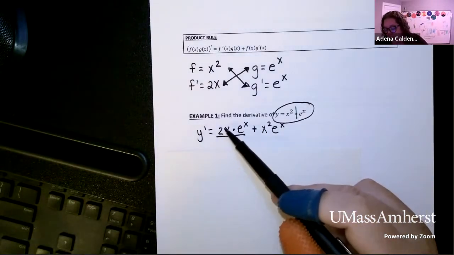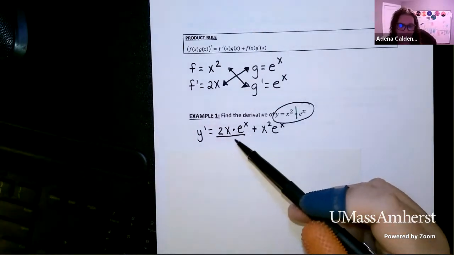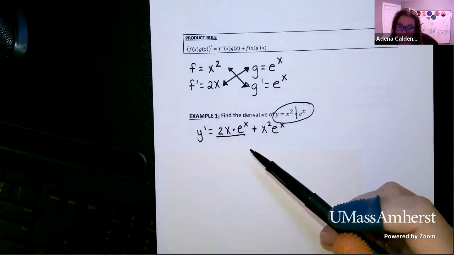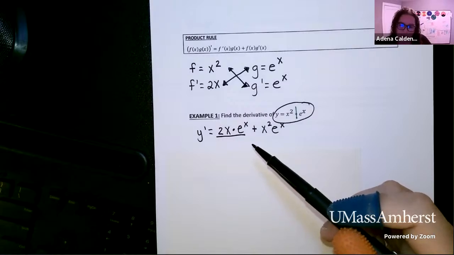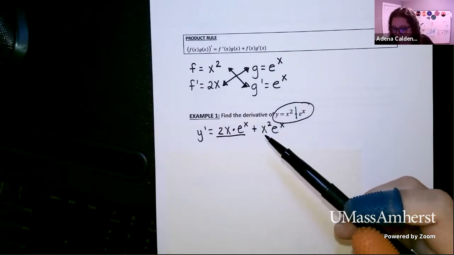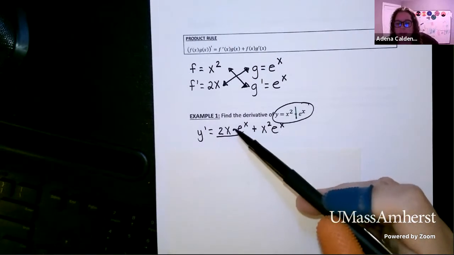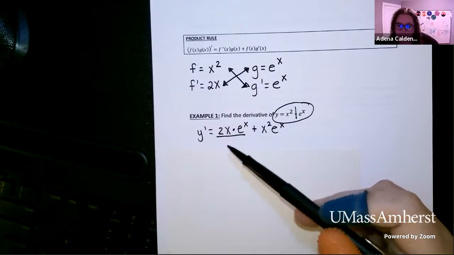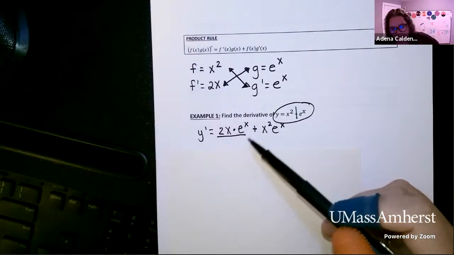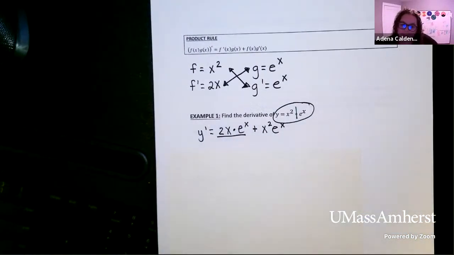Technically you don't have to do this, because e to the x times 2x is the same thing as 2x times e to the x. But just for recognition purposes, like on a mini quiz, you want to make sure that you can recognize that your answer is the same as another rewritten answer. We're going to have the constant first, then any polynomial terms, so x, x squared, x cubed, then exponentials and logarithms. Okay, so this is what the answer would look like if it was on a mini quiz.